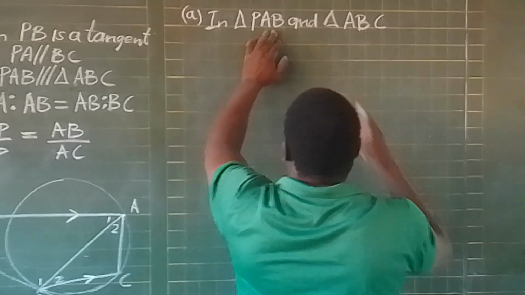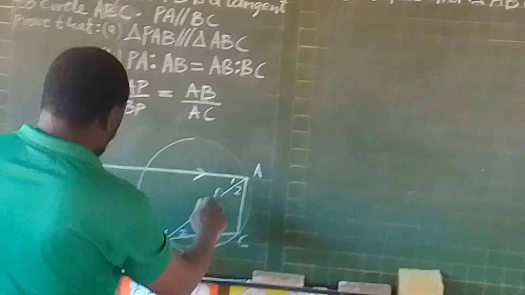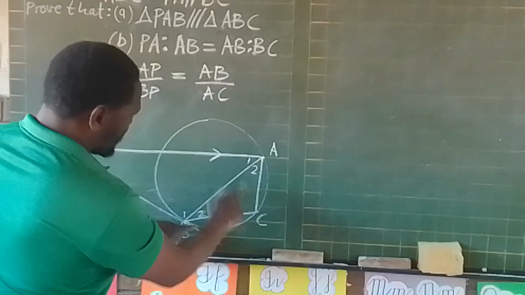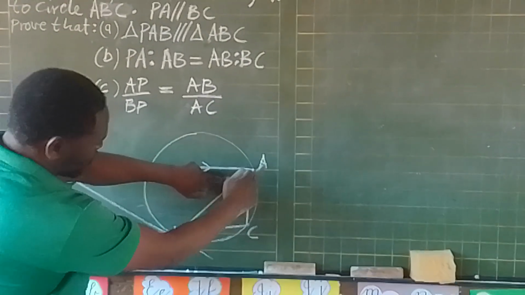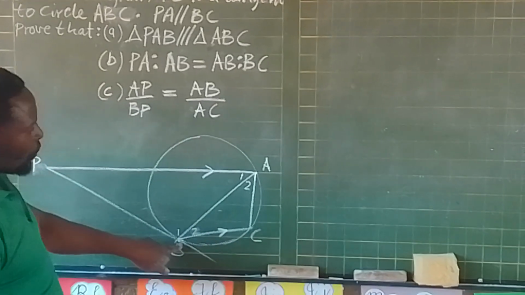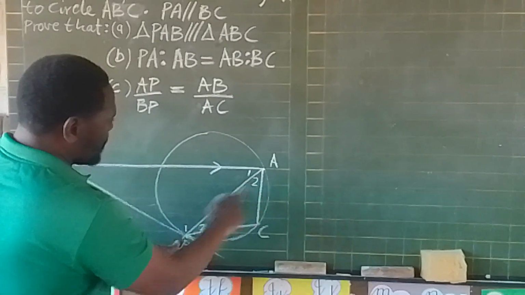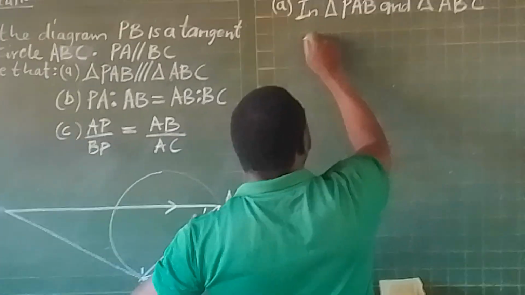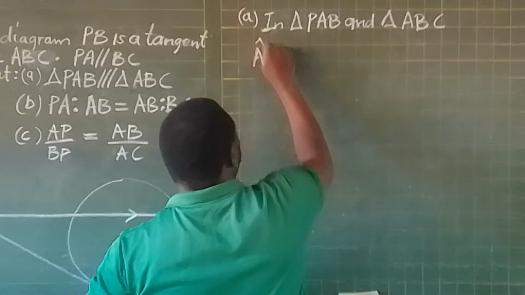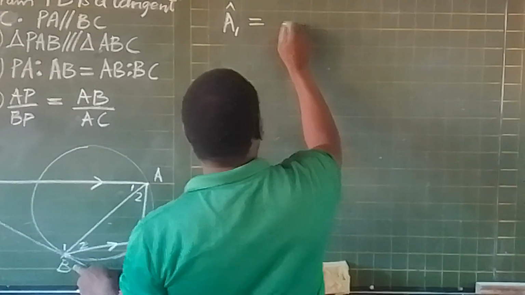So in PAB, I'm going to put angle A1. A1 is equal to angle B2, because BC is parallel to PA, alternate angles. So you say A1 is equal to B2.